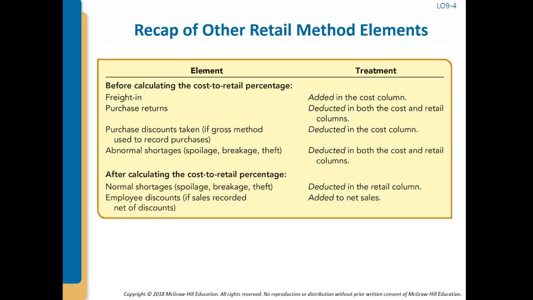If the gross method is used to record purchases, then purchase discounts taken should be deducted in the total cost column. Abnormal shortages and spoilages should be deducted in both the cost and retail columns. After calculating the cost to retail percentage, all normal shortages due to spoilage, breakage, and theft should be deducted in the retail column, and employee discounts should be added to net sales.